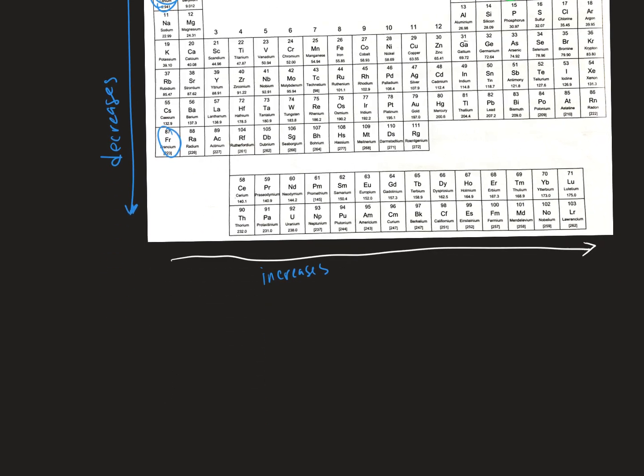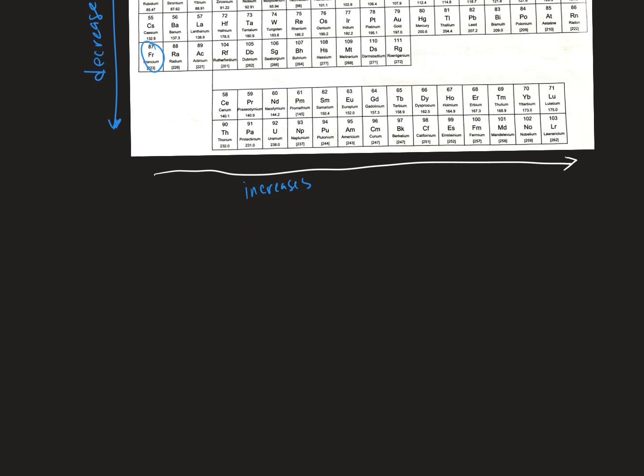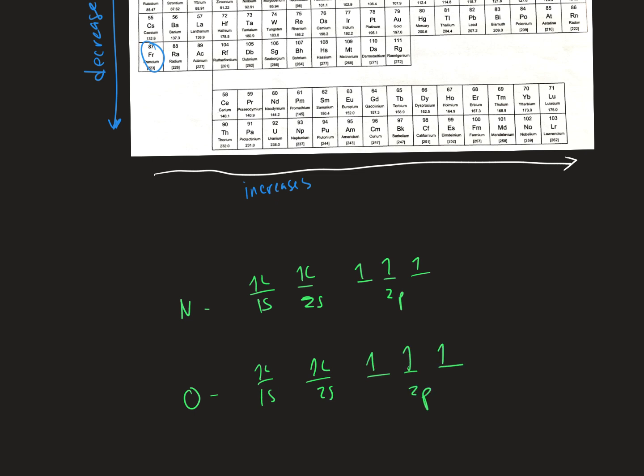But here is where writing the electron configuration of the orbital diagram helps us understand this a little bit more. So if we write for nitrogen, it's 1s, 2s, and 2p. You with me? And here's oxygen. Also 1s, 2s, 2p. Oops. Looks like that. You with me?